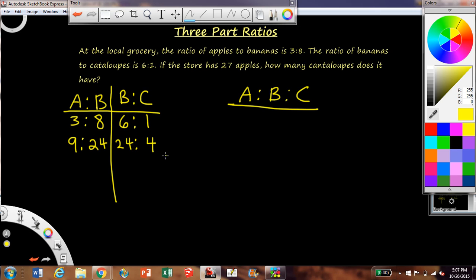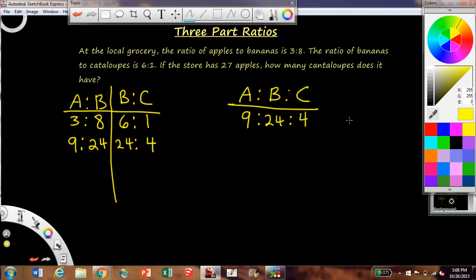Okay, so everything is still true. These ratios are still true, but now I have a relationship between all 3. For every 9 apples I have 24 bananas, and for every 24 bananas I have, there are 4 cantaloupes. So the 3-part ratio is 9 to 24 to 4.